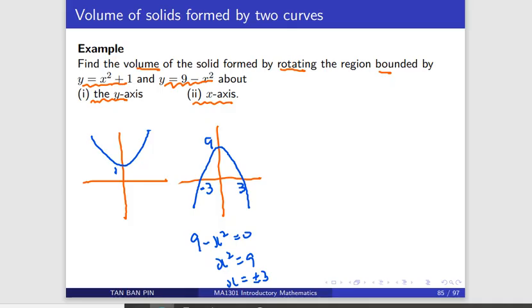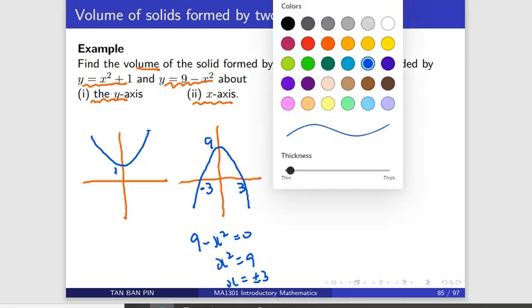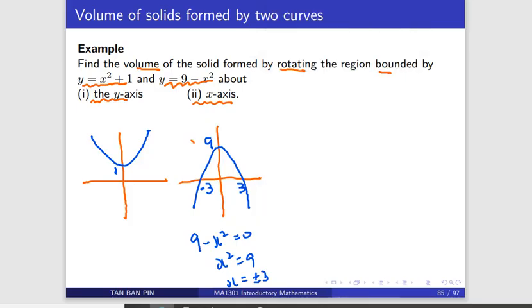And then you can solve for intersection points. If you draw the two curves together, then you should expect to have intersections. So you have to find out what's the x value at the intersection points, and also the y value. You consider y equal to x squared plus 1 as equation 1, and y equal to 9 minus x squared as equation 2.